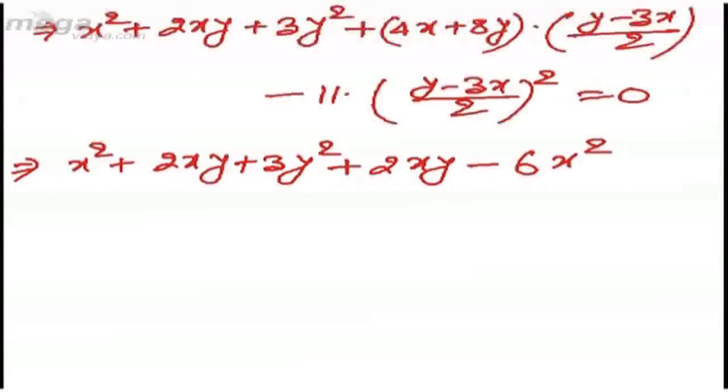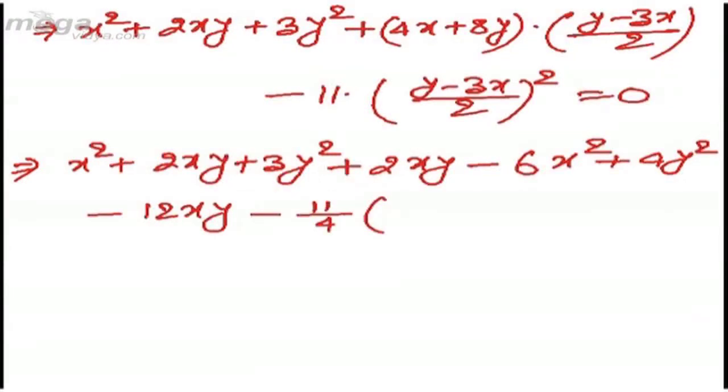Then 4y with y gives plus 4y square, minus 4y with 3x gives minus 12xy. Now here minus 11 by 4 into y square minus 6xy plus 9x square is equal to 0.